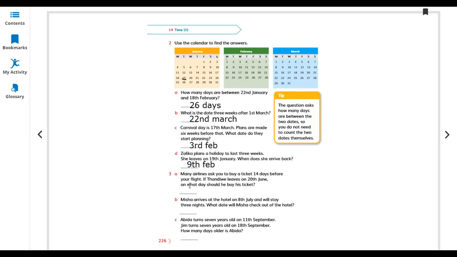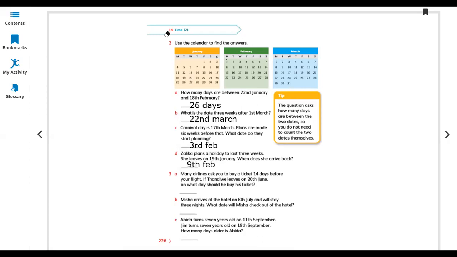Let's start question number 3. Many airlines ask you to buy a ticket 14 days before your flight. If Tendway leaves on 20th June, on what day should he buy his ticket? So before 14 days, we count the days.